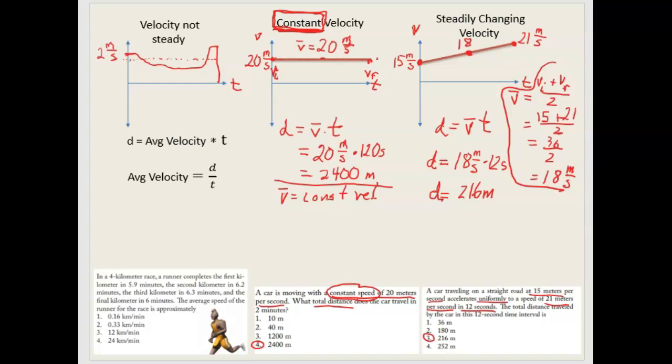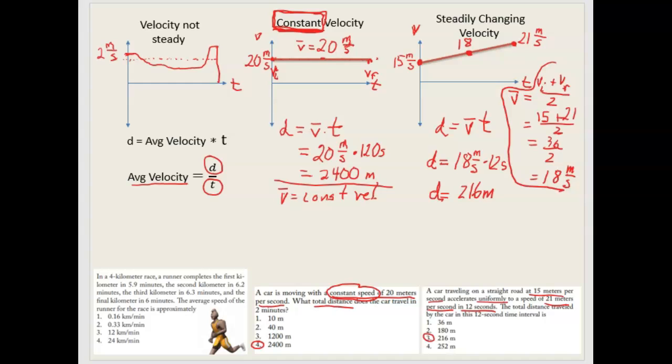So the key is understanding that you're going to be given three types of problems. Kind of velocity that changes a whole bunch, in which case all you really can do is, if you know the total distance that you traveled and the total time that you spent doing that motion, figure out the average velocity.